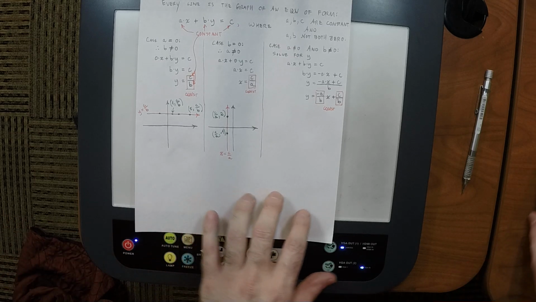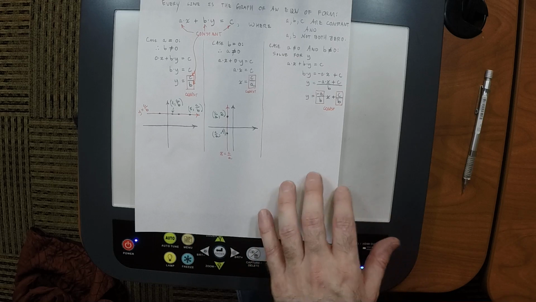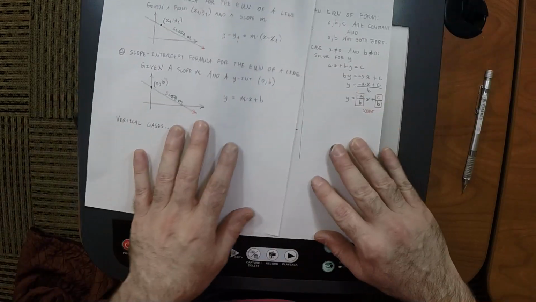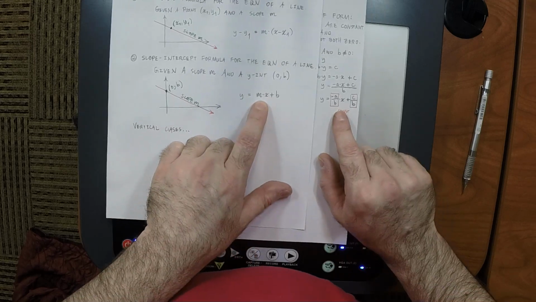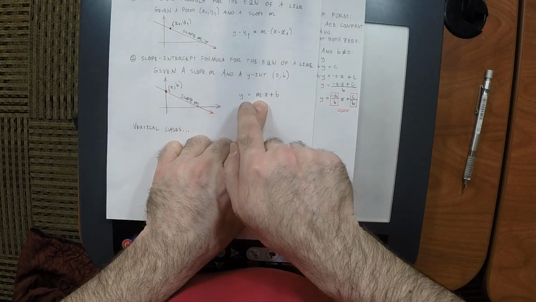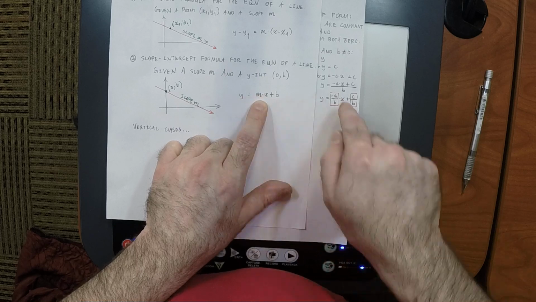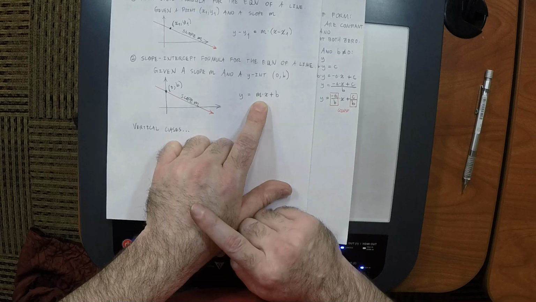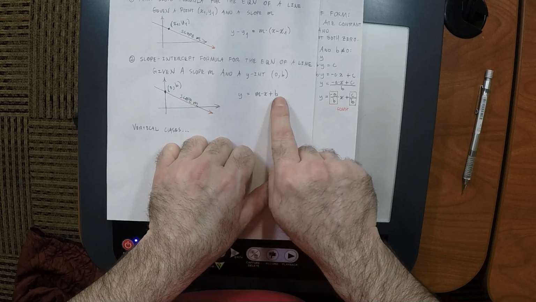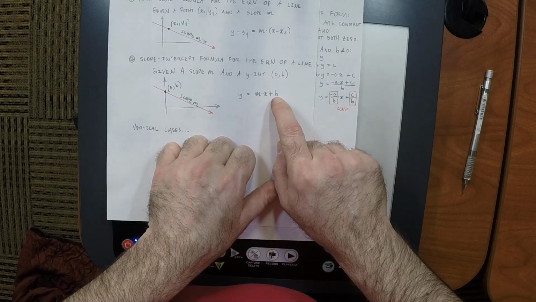Now, if you look at the previous page and compare these two, then you know the slope-intercept form is y is mx plus b. So generally, y is constant x plus other constant, where that one is the slope and that one is the y-coordinate of the y-intercept.